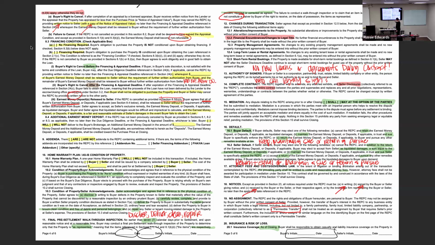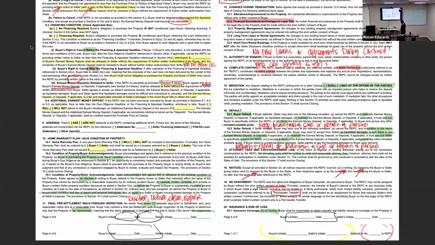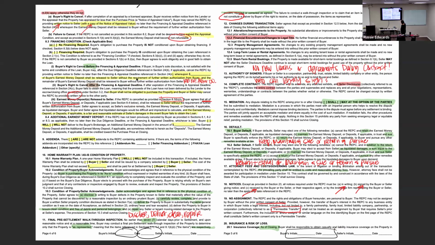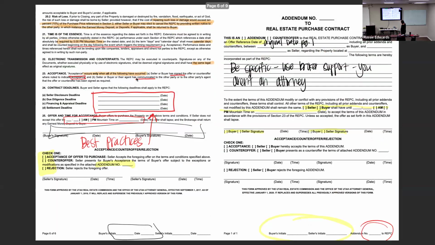Okay. Insurance and risk of loss. You guys know what could happen with that, like if there's a disaster while you're in a contract. Let's say we have a settlement tomorrow, and it doesn't matter which party we represent.